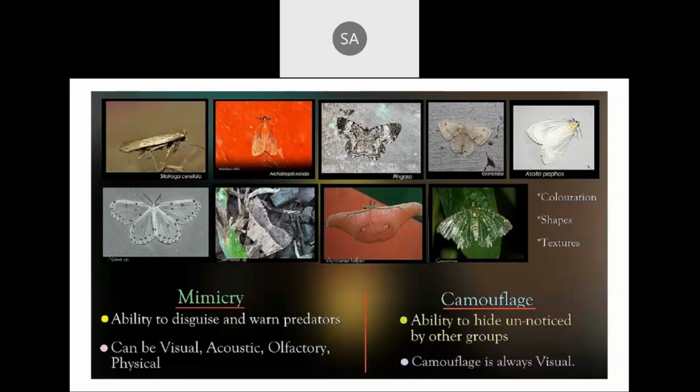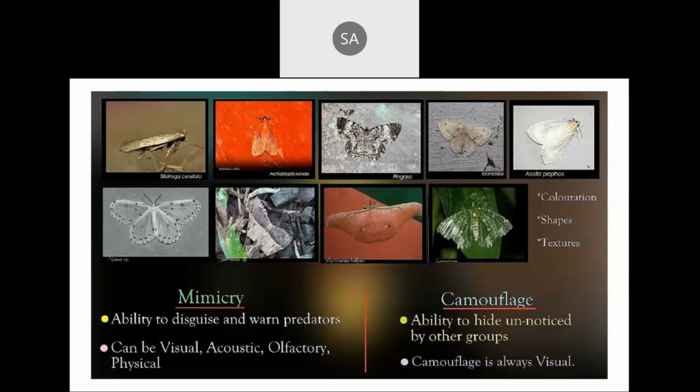And we have two different terms. The first is mimicry. It is the ability to disguise and warn predators. The flash coloration, what I have explained, is a form of mimicry, or sometimes it can be visual, acoustic, or olfactory. So visual is when they have different color patterns.